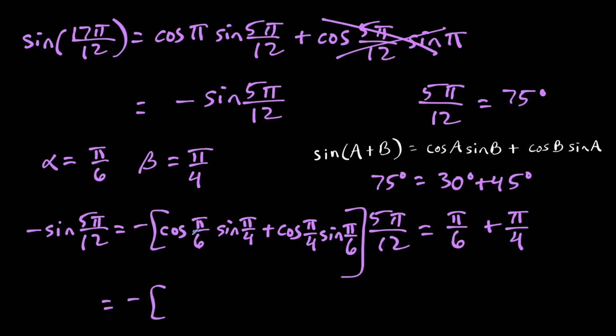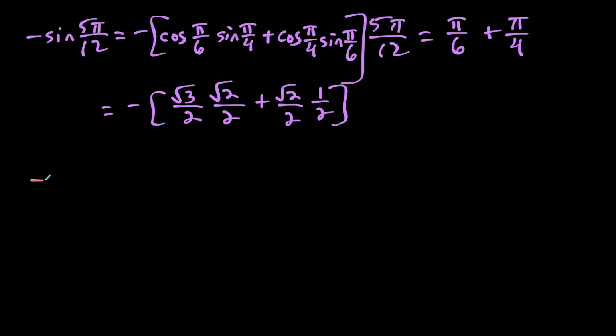Cosine of pi over 6 is square root 3 over 2 times sine of pi over 4, same thing as sine of 45 degrees, is square root 2 over 2. And then we have plus cosine of pi over 4 is square root 2 over 2, and then sine of pi over 6, or 30 degrees, is equal to a half. So now let's go ahead and close this out. We have negative sine 5 pi over 12 is equal to, and now we're just going to leave the negative on the outside and fix up the inside.